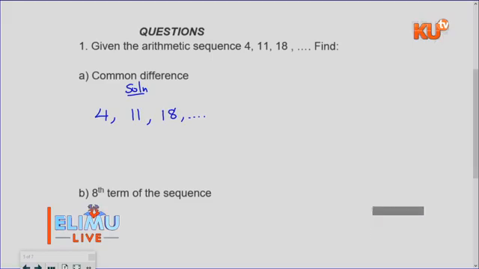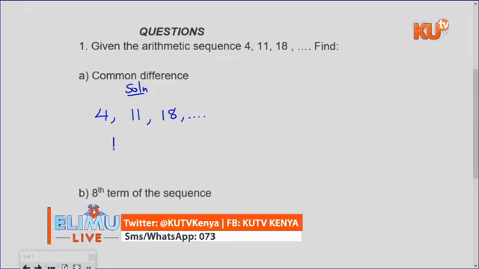The difference between the second term and the first term, that means 11 minus 4, should give us 7. If you do it again, the third term minus the second term, you will still find the same value. 18 minus 11 should give you 7.